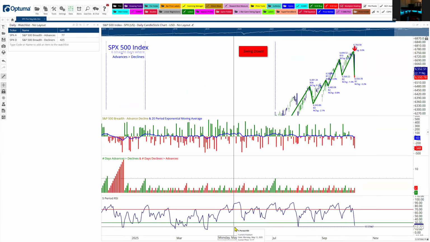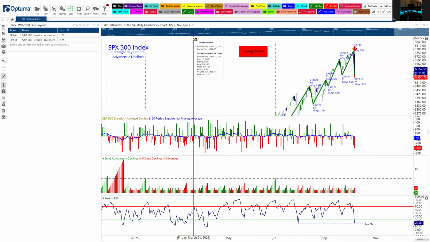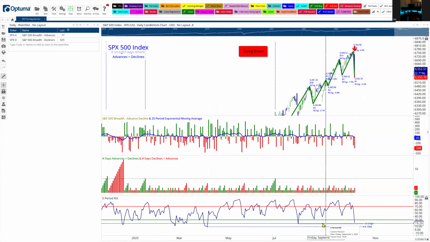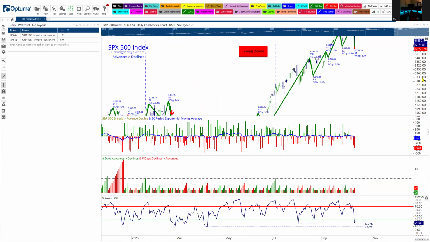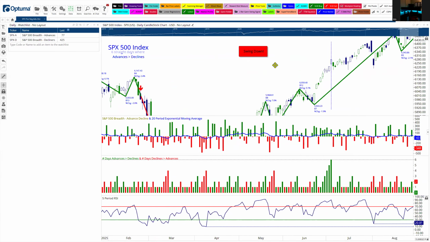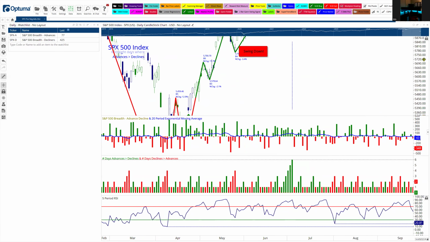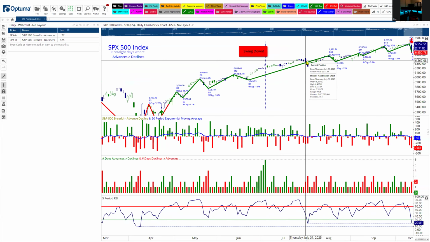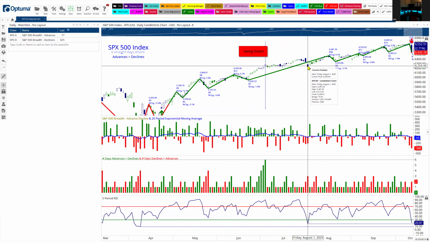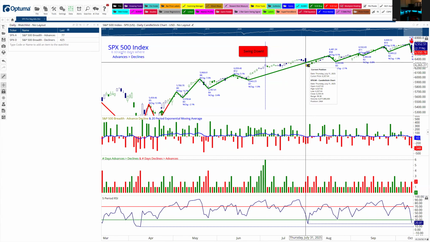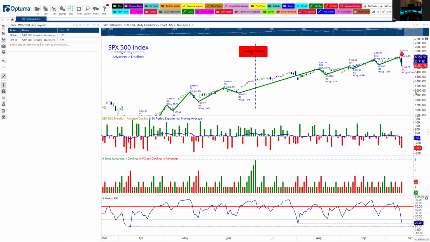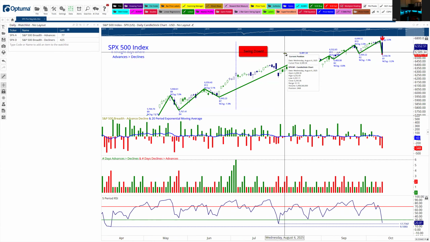If you want to take the lowest read of the RSI, that comes down to this 9. That 9 reading was here, the August low. That was a gap down as well.